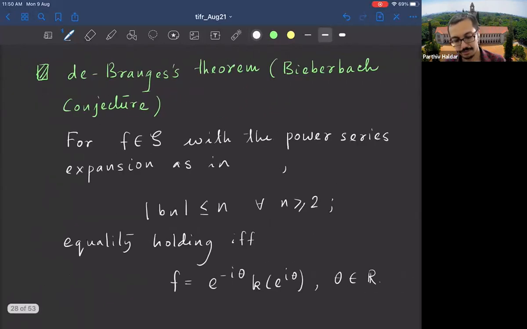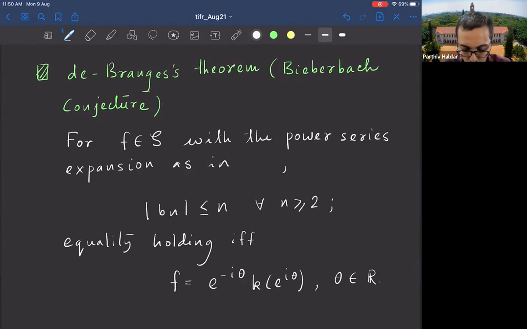And then there is the famous Bieberbach conjecture, which is now called de Branges' theorem, because it was proved in full generality in 1985 by de Branges. For f belonging to that class S with the power series expansion as we wrote, the modulus of the coefficient b_n is bounded by n itself for all n greater than or equal to 2.